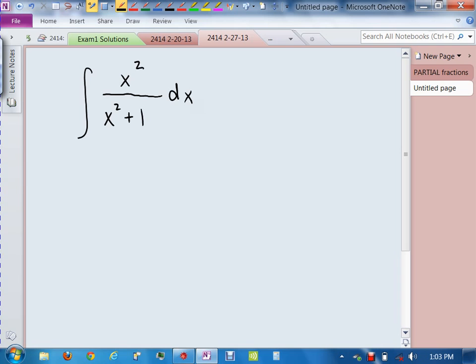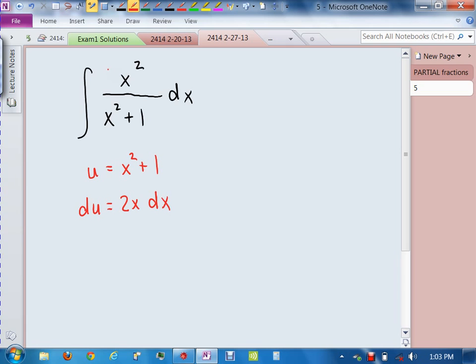First thing you might be looking at when you look at this integral is a basic substitution. Do you see something in its derivative? Maybe. Let's try u equals x squared plus 1 and du equals 2x dx. I don't have a 2x dx, do I?